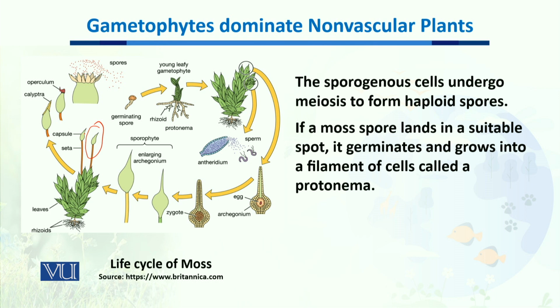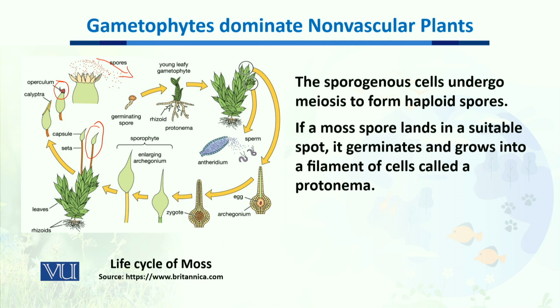In that capsule, a lot of spores are present. So when this matures and the operculum of this sporophyte capsule opens, it releases a lot of spores. These spores germinate in the soil under favorable conditions and give rise to young leafy gametophytes.